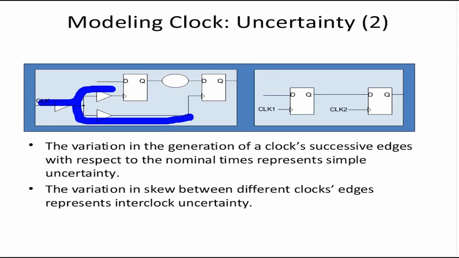Clock is supposed to reach both these points at the same time, the clock edges, but it does not happen obviously. There is some difference. This difference is due to the clock tree variation after the clock tree gets built, or there could be the launch and capture working on different clocks. So this is the uncertainty which is coming as a result of the design itself. There can be two factors to it.